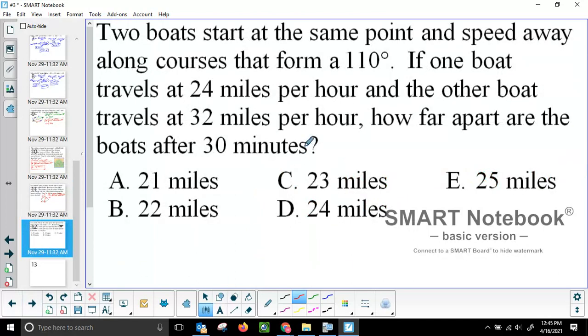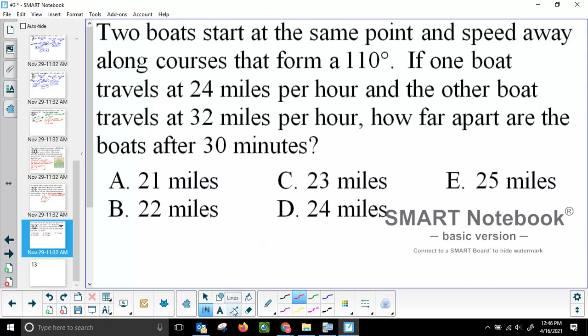Two boats start at the same point and speed away along courses that form a 110-degree angle. If one boat travels at 24 miles per hour and the other boat travels at 32 miles per hour, how far apart will the boats be after 30 minutes?